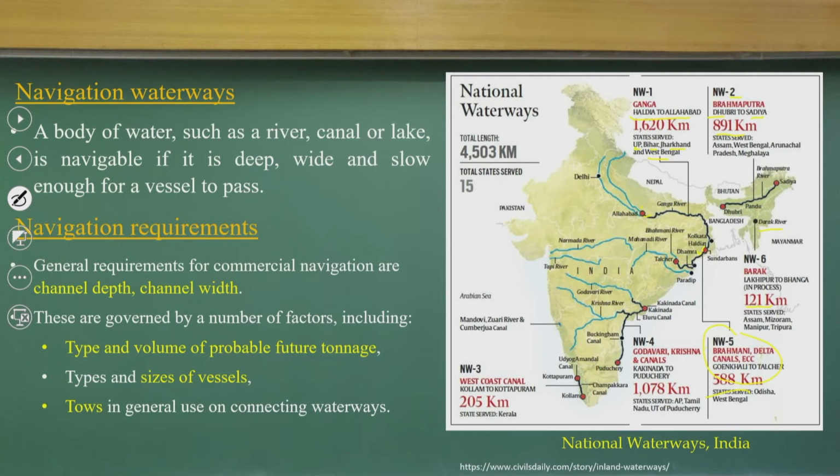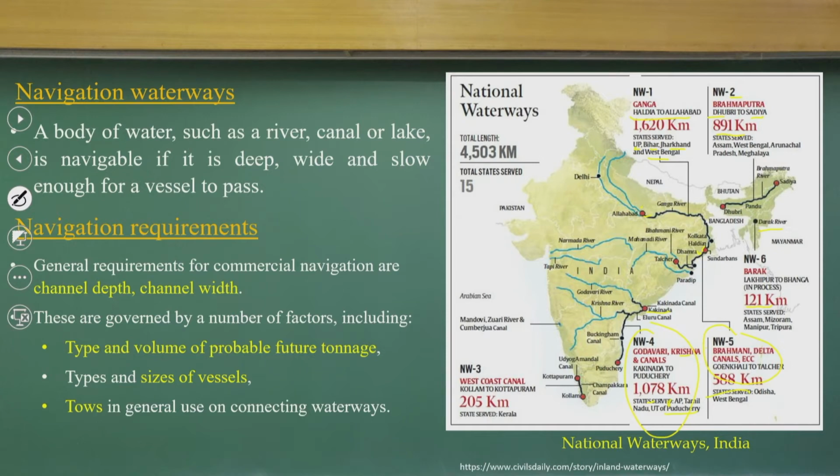Then we have a national waterway in Andhra Pradesh, with the Godavari, Krishna and canal systems. That is a combined system connecting from Pondicherry, Kakinada, all these are connected with the Godavari and Krishna, that is about 1000 kilometers, and it covers states like Andhra Pradesh, Tamil Nadu and also Puducherry.